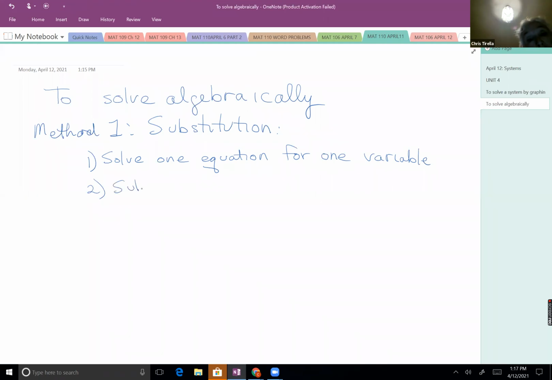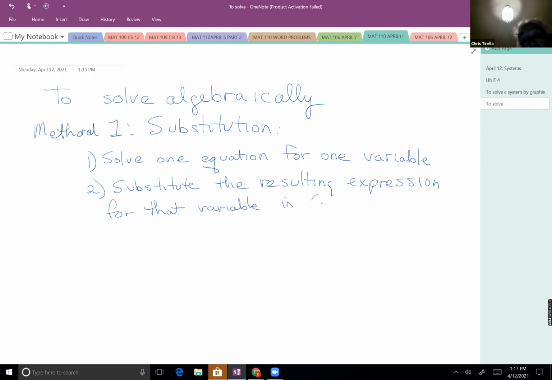So we'll substitute the resulting expression for that variable in the other equation.